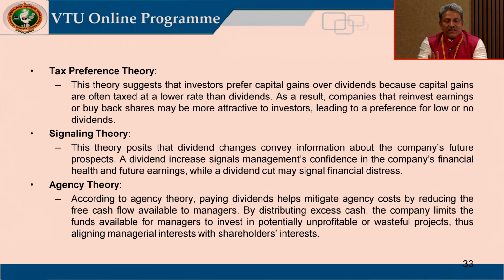Regular dividend, or dividend paid more than last year, shows a positive signal that the company is healthy. If dividend is not paid or paid lesser than the previous year, it shows a signal that the company is not healthy. As per this theory, it is better for the company to pay dividend to show that the company is healthy.